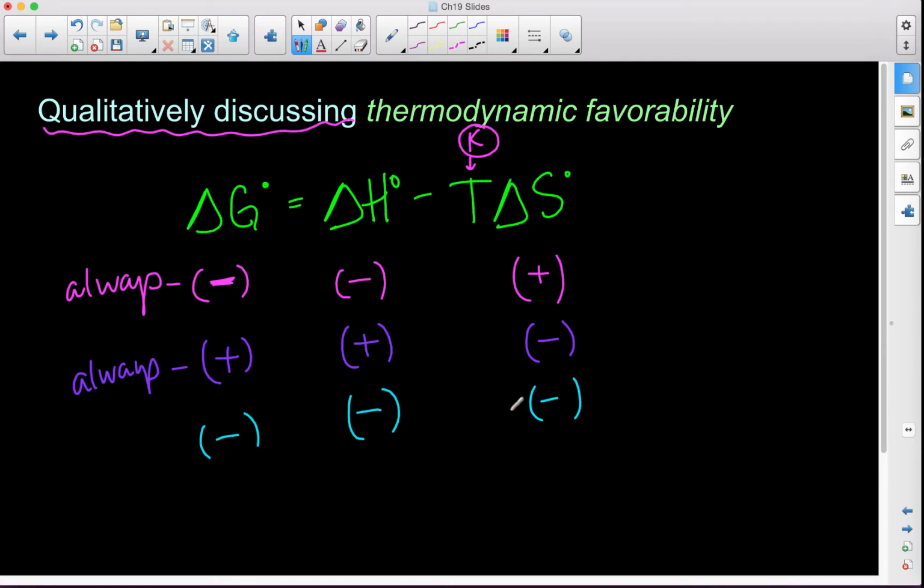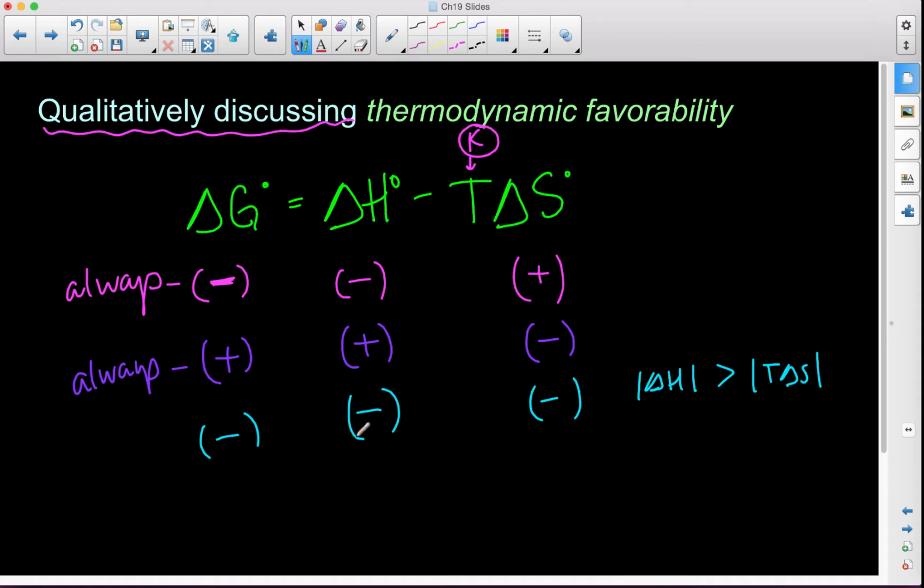Let's put some more parameters on this. If we say minus a minus, that means it's a positive, right? That means we're adding. So what that means is that the absolute value of delta H has to be greater than the absolute value of my T delta S. Does that make sense?